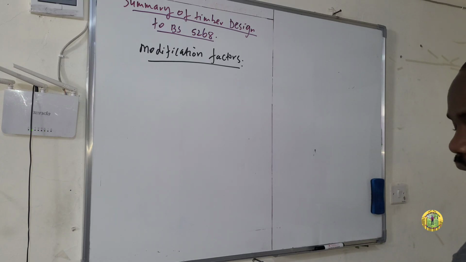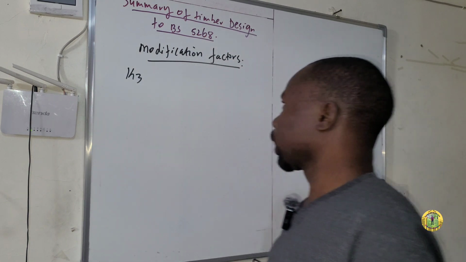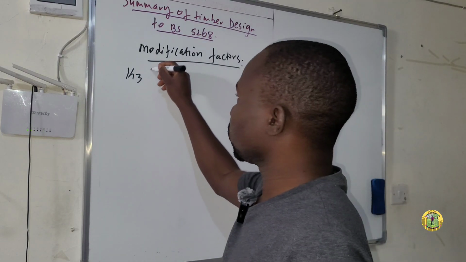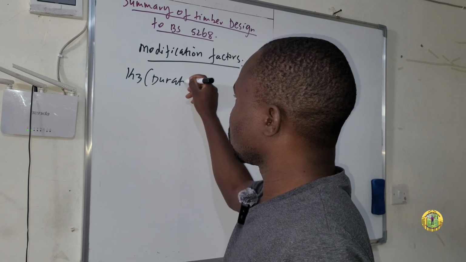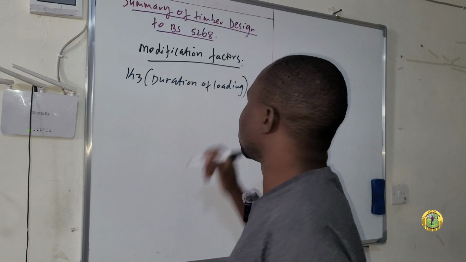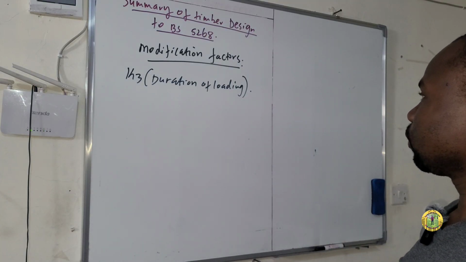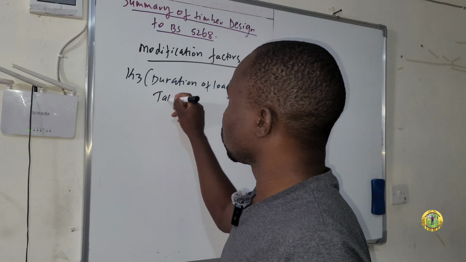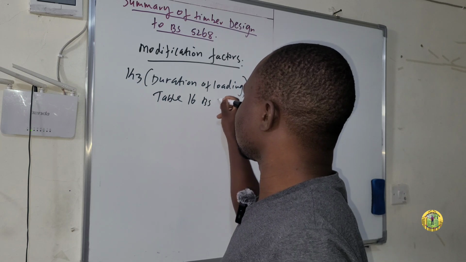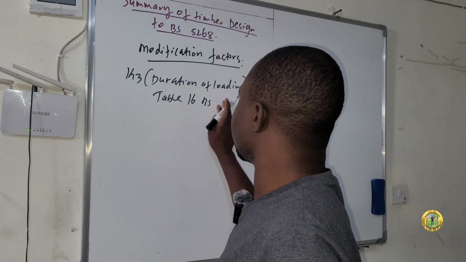Number one, I want to begin with K3. K3 is for duration of loading, and this K3 is found in Table 16 of BS5268.